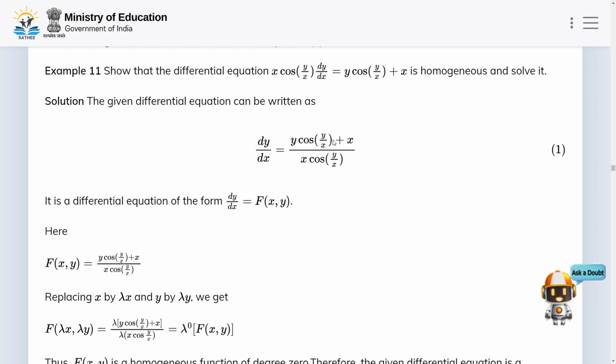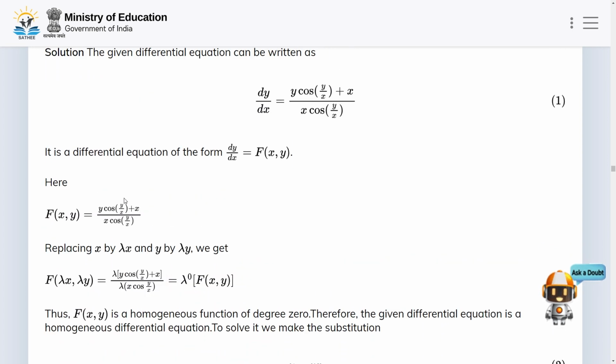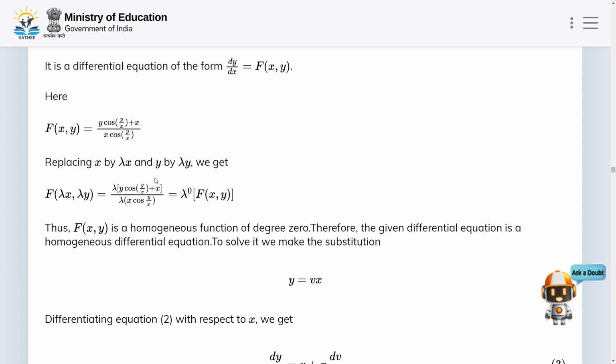So, we are using the substitution method, or you can also take x common from the numerator as well as from the denominator, and you will get the y by x form. But we are trying to do it by substitution. So lambda x, lambda y: wherever you have y, replace it by lambda y, and wherever you have x, replace it by lambda x.